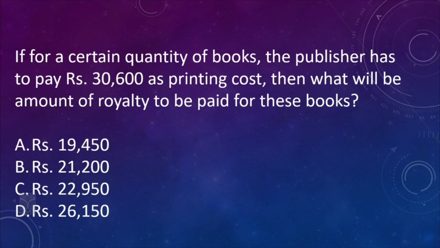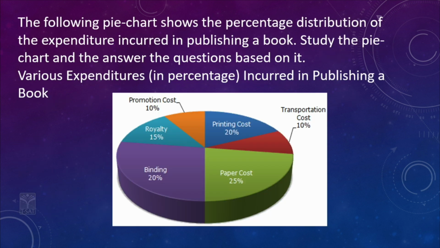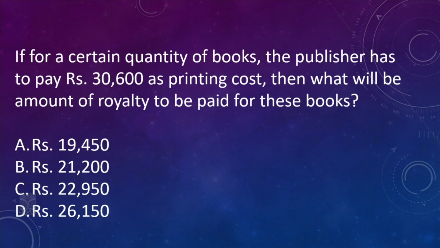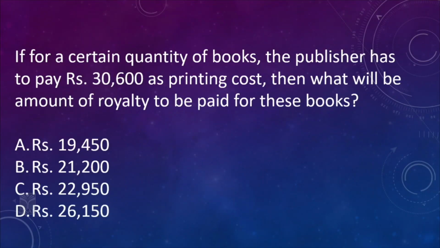Now we will come once again to this. Here the printing cost is 20%, correct? And the royalty is 15%. Now you have to calculate it. 20% of the total is 30,600, we don't know how much the total is, so we have to calculate it.